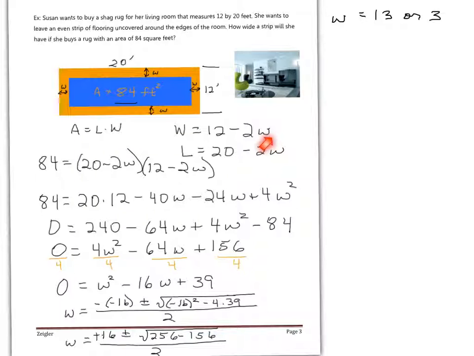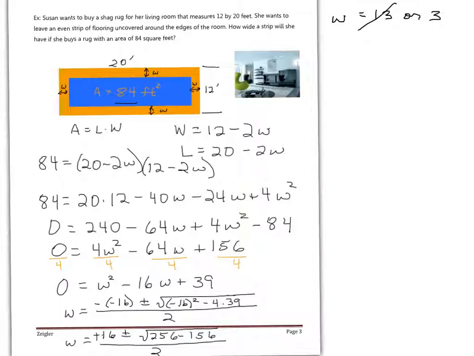That is why 13 won't work. But if this little width is 3, then the width would be 12 minus 2 times 3, or 6, which is a reasonable answer.